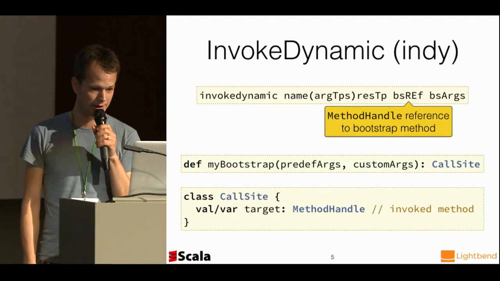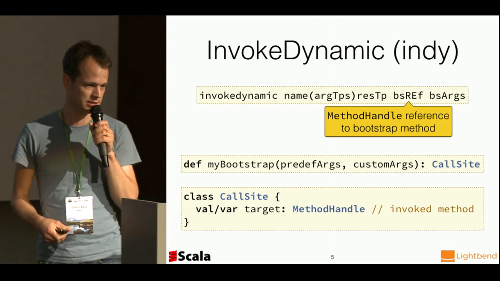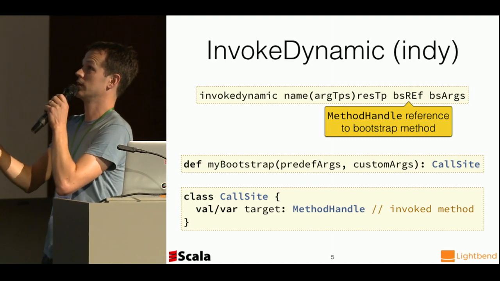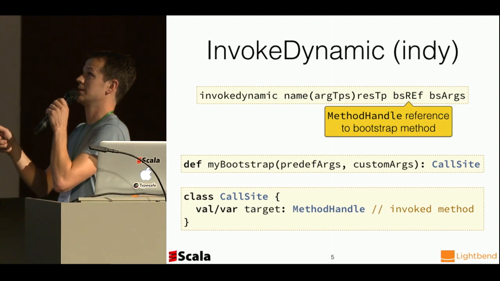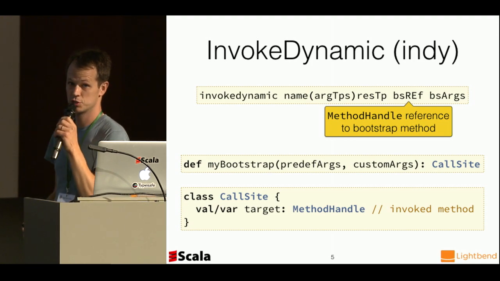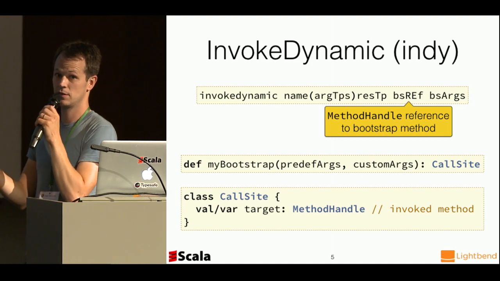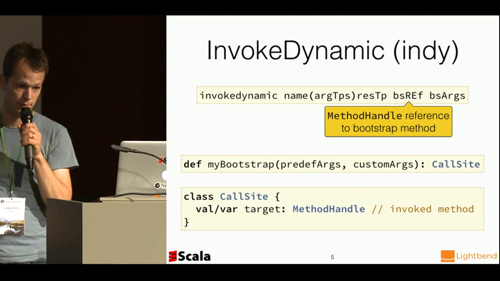So how does it look in bytecode? This is a very simplified representation. It's not even javap output. Let's say you have an Invoke Dynamic instruction. Like every invoke instruction on the JVM level, it has the name of the method that's being invoked and the type, so the argument types and the result type.